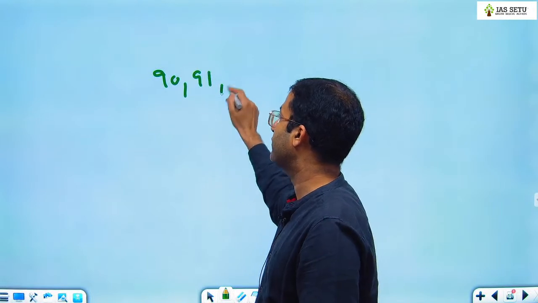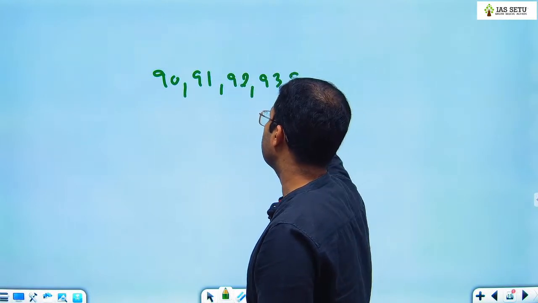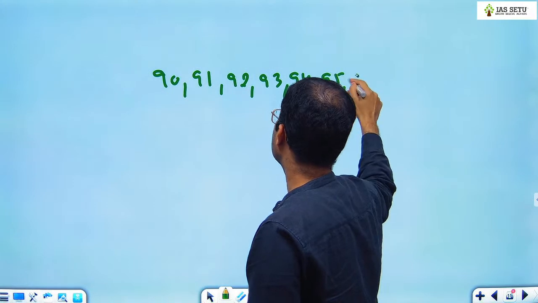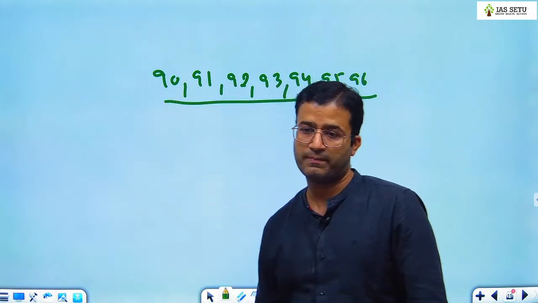Tell me 7 consecutive 2-digit natural numbers which are composite, starting from 90 up to 96: 90, 91, 92, 93, 94, 95, 96.